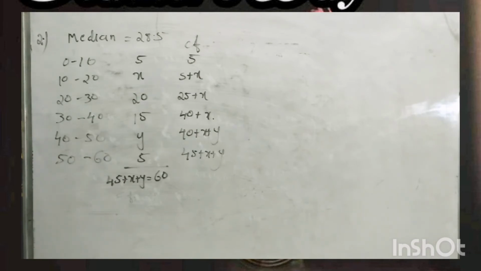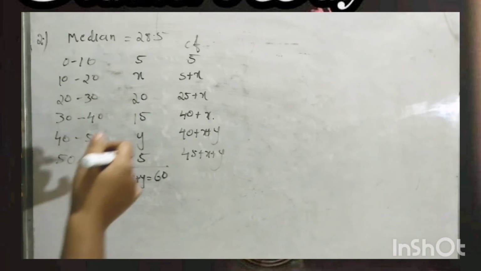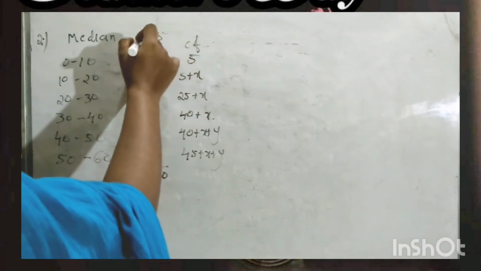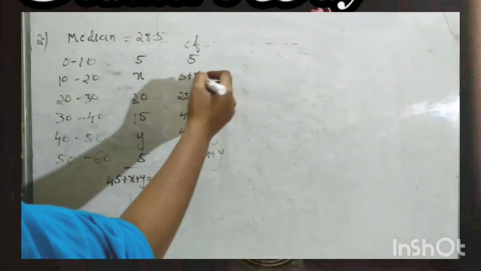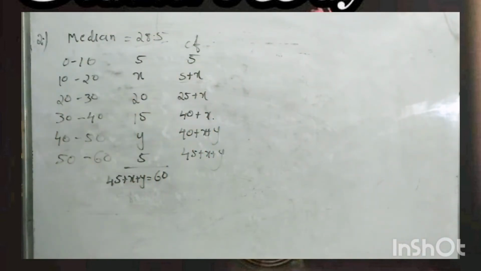Median, mode, all that information: the mode lies in the modal class and the median lies in the median class. So 5 plus x is not greater than 28.5.